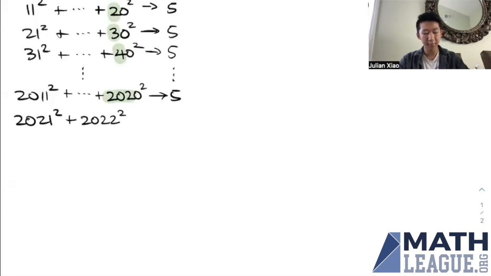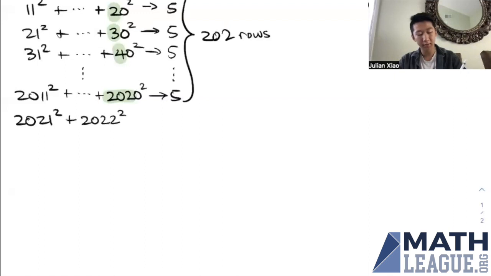So I have the first row having a 1 in the tens place here. And over here, now I have 202. So this means I have 202 rows of 5s. So the total sum of all of these 5s, if I add them together, is 5 times 202.